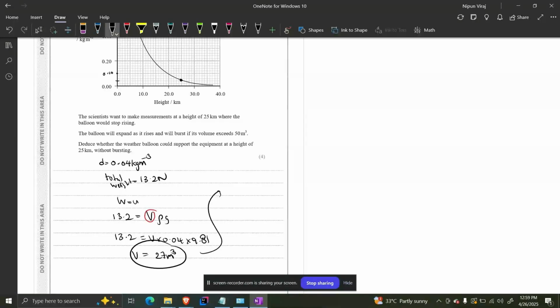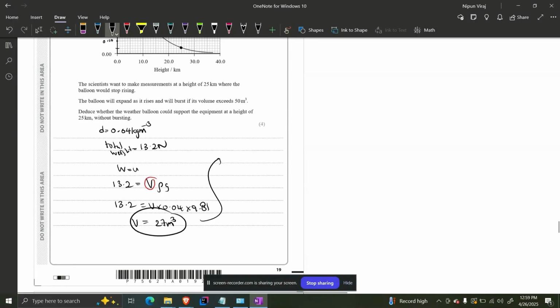That means if we are 25 kilometers high, the air's density is very low. Therefore, in order to create an upthrust equal to 13.2 newtons, you need a volume of 27 cubic meters. And the scientists have found that it will burst only if its volume exceeds 50. We can say 27 is less than 50. Therefore, it won't burst. That's our conclusion.